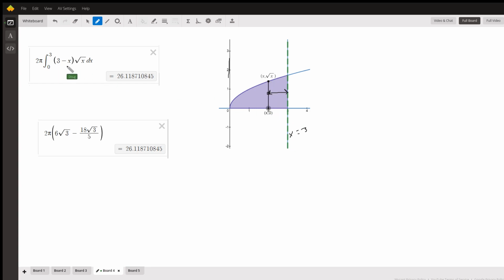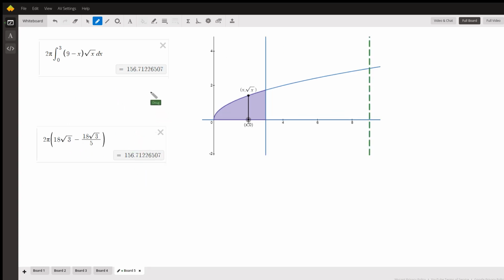So here's the average radius. It's 3 minus x. Instead of what we saw on the previous board, this distance was x. That was the average radius because this was the axis of revolution. So I won't go through the derivation here of this answer, but you could get common denominator here, combine that into one fraction, and get an exact answer.